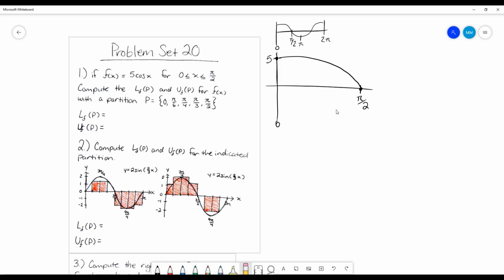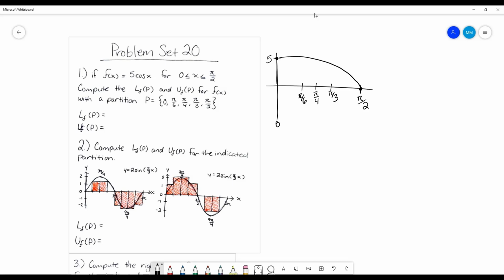It's just to get us a picture of what's going to be lower and upper when we're looking at those sums. So for that lower sum, we should go ahead and label the spots of our partition. It's going to look something like this.